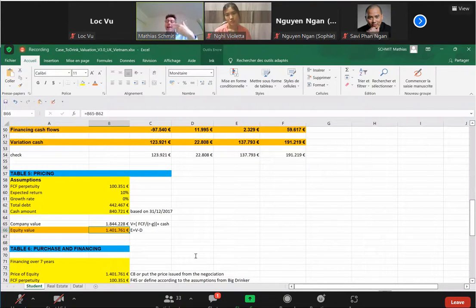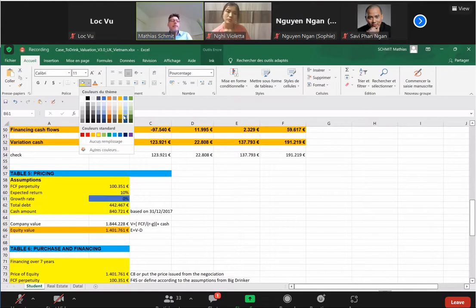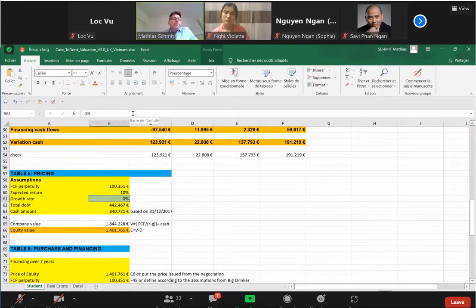In fact, here we are in the buyer situation, and it's a real case, and I advise the buyer. And I said, okay, well, 1.4. But maybe the seller can say, okay, well, we can expect a growth rate of 2% and all this kind of stuff.